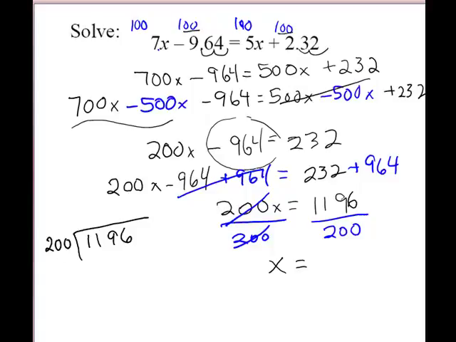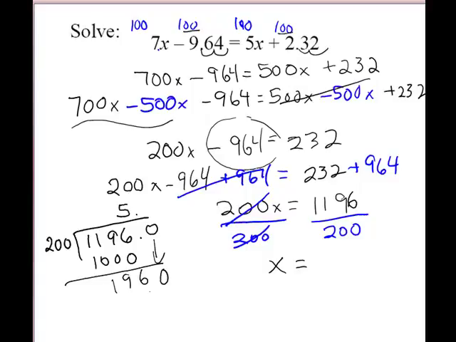So I'm going to guess, let's see, 8 would be too big. That would be 16, 7, 5 would be 10, 6 would be 12. So we're going to have to go with 5. And we can put a decimal, and then we're allowed to add a 0. Bring it down. We can divide again. So 200 into 1960.